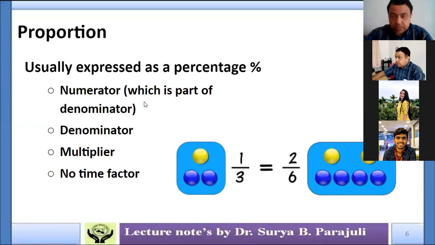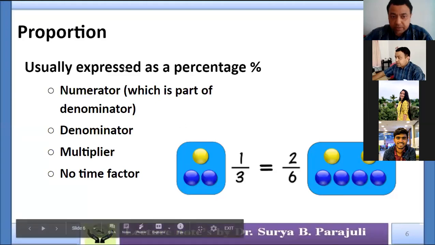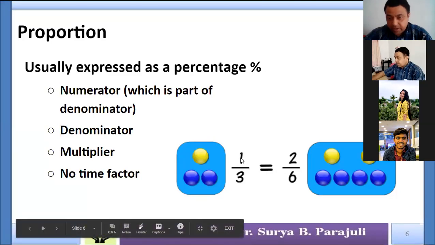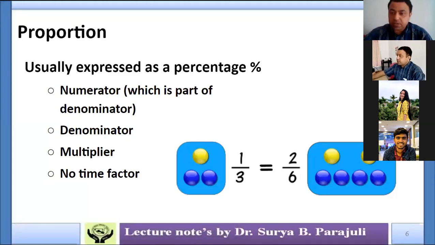So in the case of proportion, which is one tool of measurement, there are a numerator, a denominator, a multiplier, and no time factor. The numerator is always part of the denominator, so that we can calculate the proportion. The multiplier may or may not be used, like we can multiply 1 by 3 to 2 by 6, with a certain number, especially in some epidemiological studies.